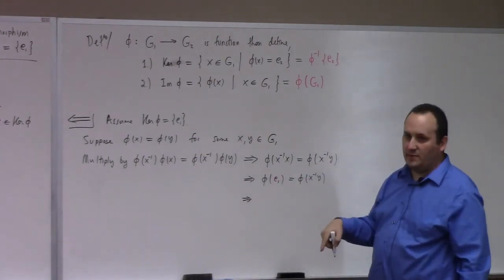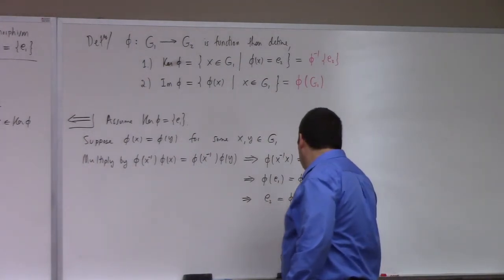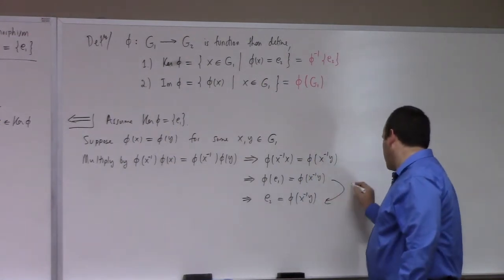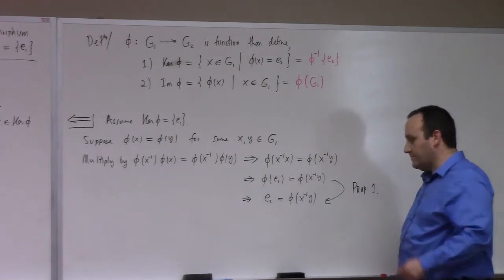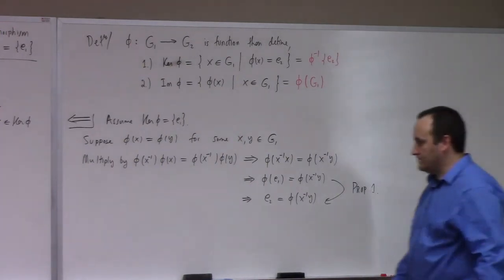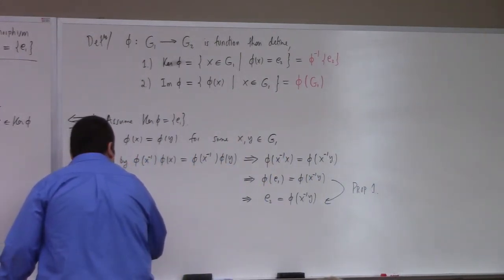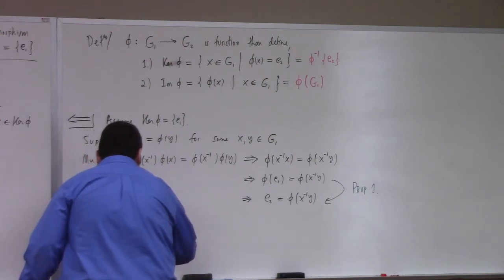But I know that phi of E1 is E2 by Proposition 1 from today. And so what does that say about x inverse y? That says that x inverse times y is an element of the kernel of phi.